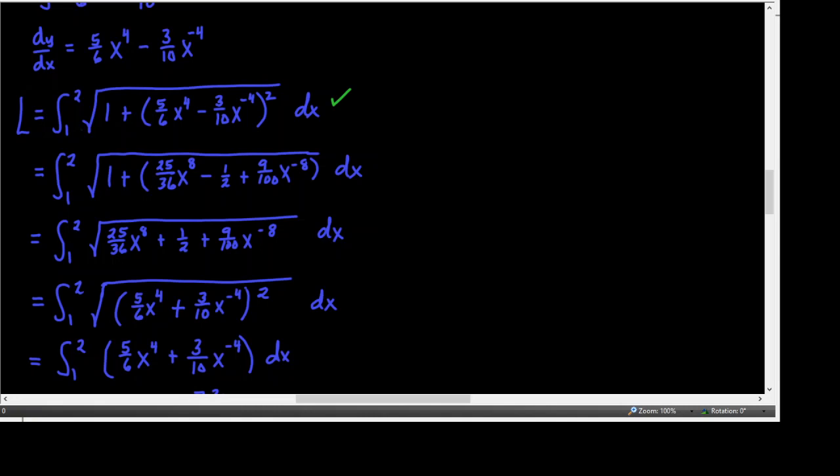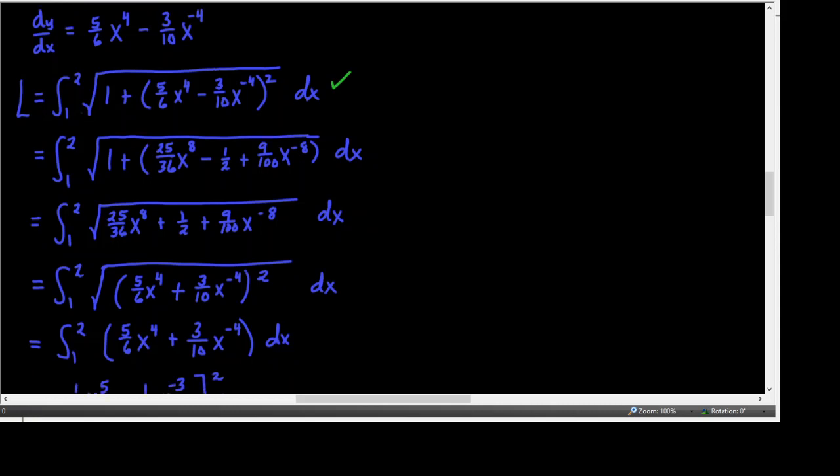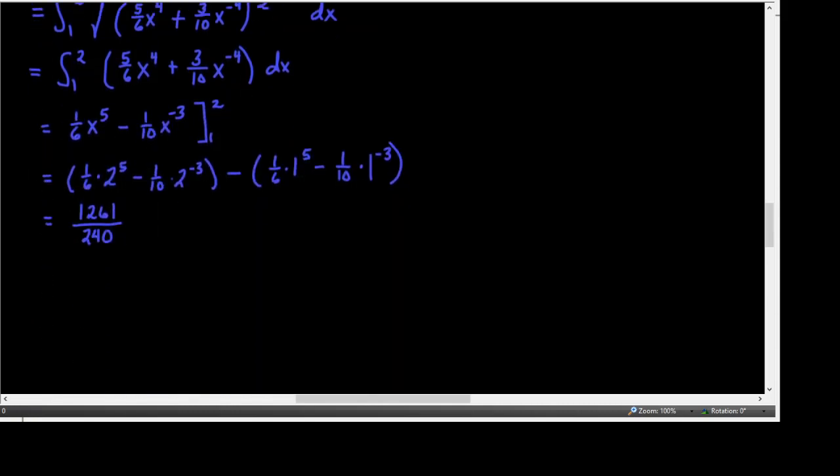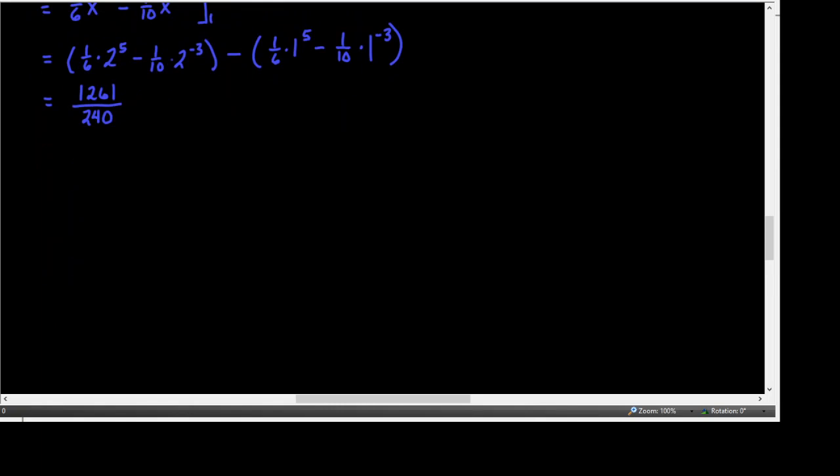Then I might ask you to go further and use your calculator to find a decimal approximation of that and not have to go through the whole algebraic and antiderivative process like we just did. So sometimes you won't have to do all of that algebra and anti-differentiation that we just went through. But sometimes you will, so just be prepared for either eventuality.